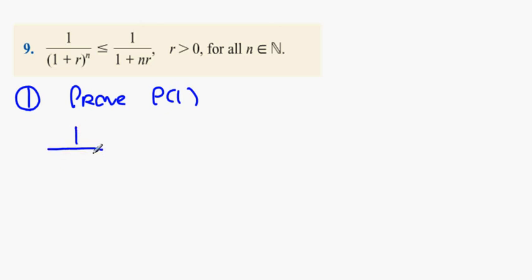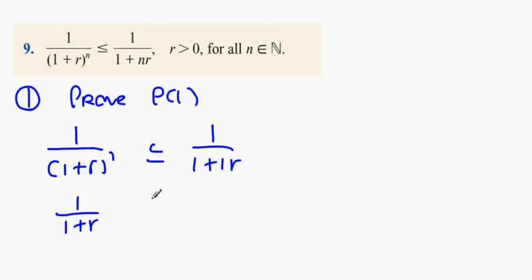It's going to be 1 over 1 plus r to the power 1 divided by 1 minus 1 times r. That's going to be 1 over 1 plus r less than or equal to 1 over 1 plus r. Okay, so true for P of 1.